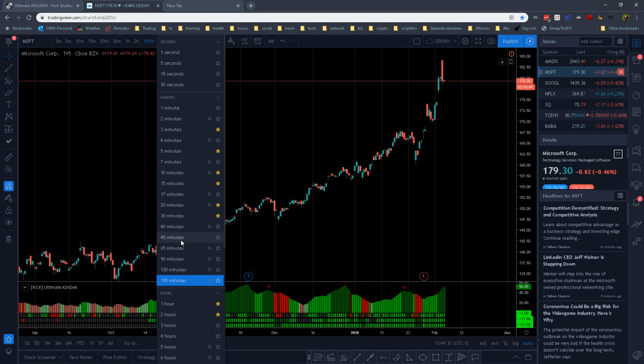Because then it will divide your day into 7 candles, and the first of those candles will only be a half hour long. So if you're using any indicators that treat every candle as equal value, which most indicators do, you'll get skewed results. So instead, if you use something like 65 minutes, then that divides the day into 6 equal parts. 130 divides it into 3 equal parts, and 195 divides it into 2 equal parts.